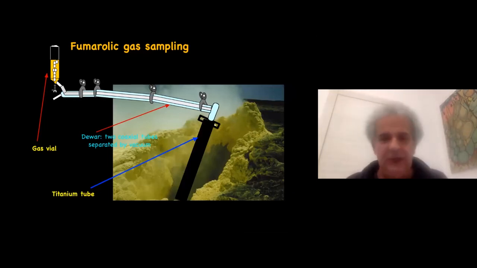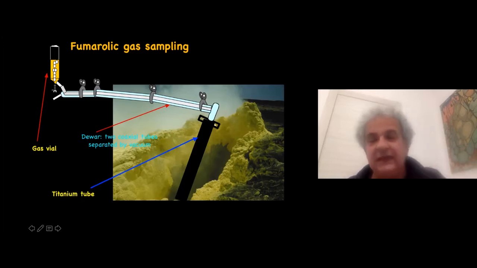This is a typical geometry that we use in our department. Basically, we have a titanium tube, and then we have these sort of coaxial tubes that are called dewars. They are coaxial tubes that are separated by vacuum.